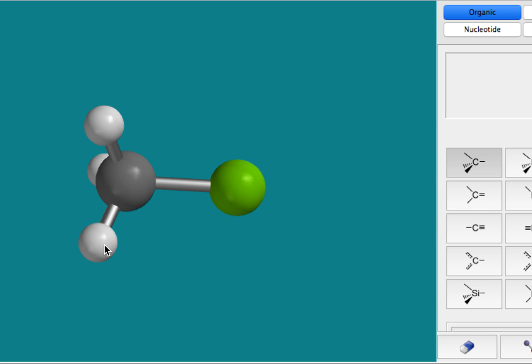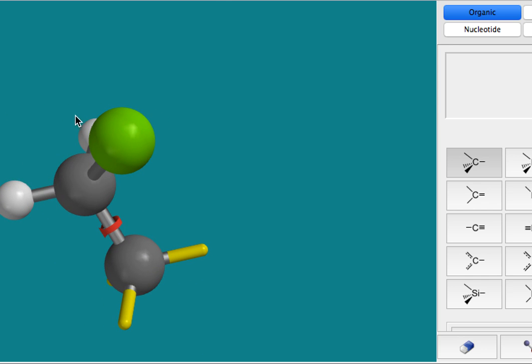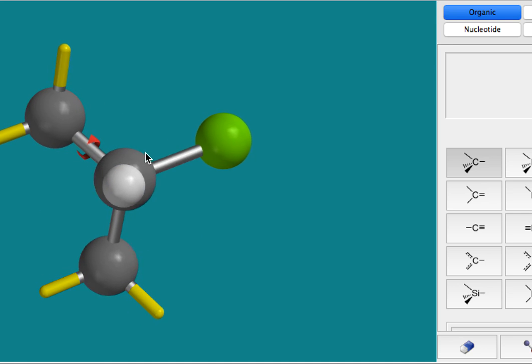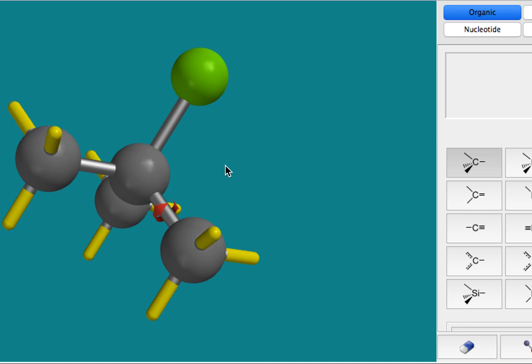We substitute one of those hydrogens for another carbon. This is an example of a primary alkyl halide, a secondary alkyl halide, and a tertiary alkyl halide.